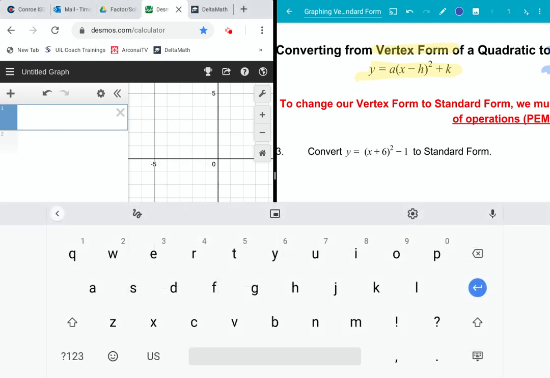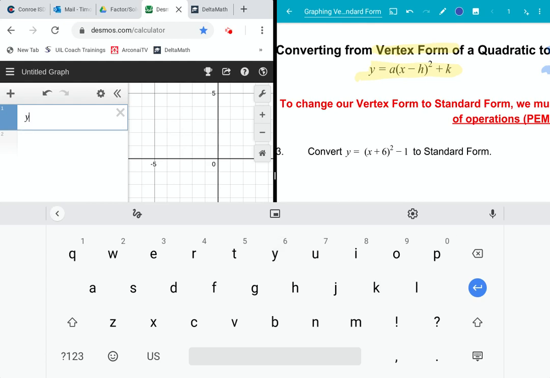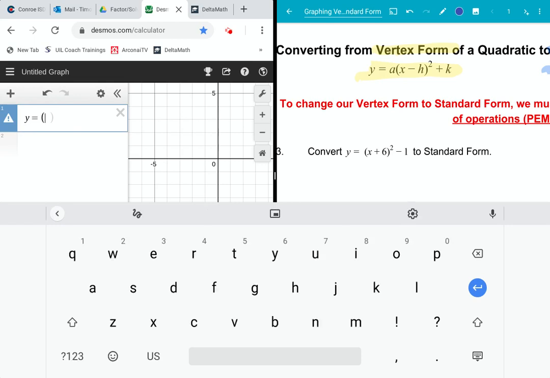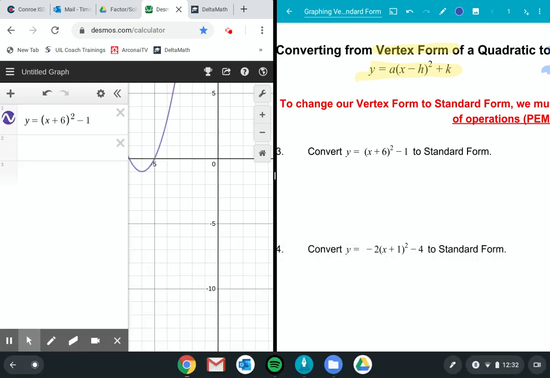Before we get started, let's do y equals (x plus 6) squared minus 1. So I'm not getting key features.